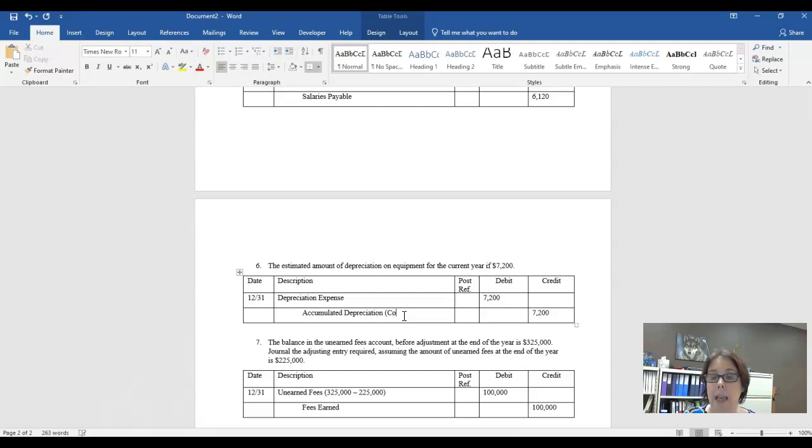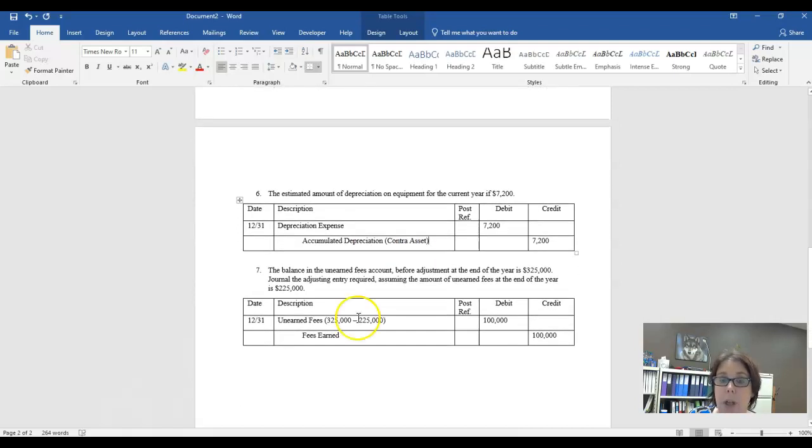It is a contra asset because assets have a debit balance. Accumulated depreciation has a credit balance because we are reducing the value of an asset, so we have to credit it. We will get more involved in this account as we go through the chapters.